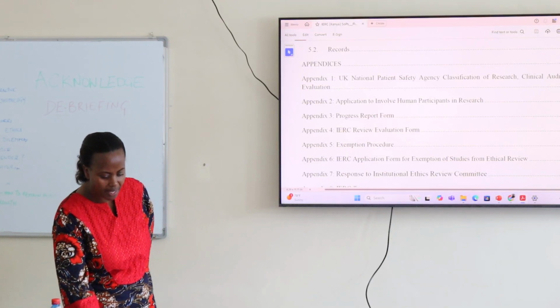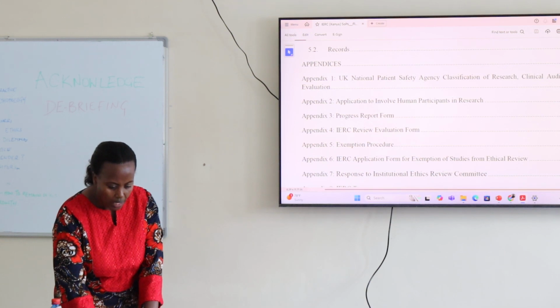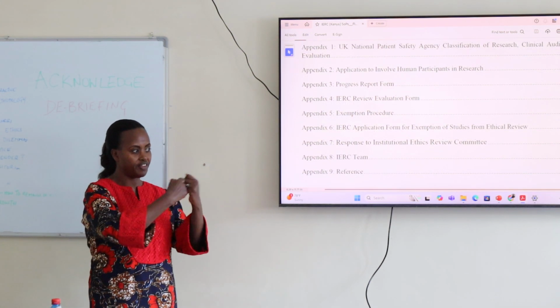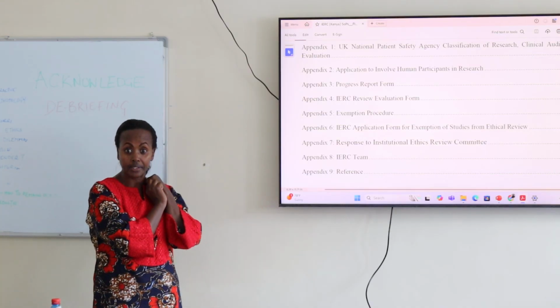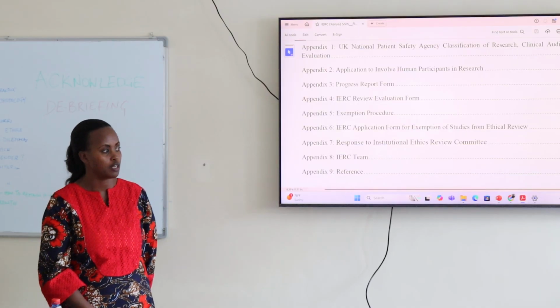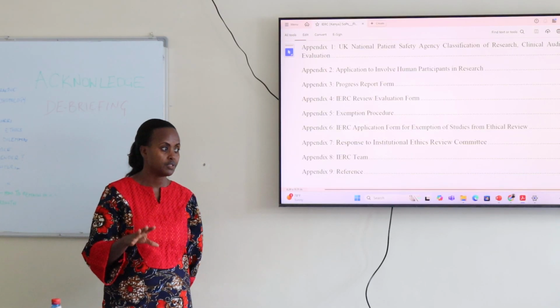How do they apply for that? They have that. They have how you respond, like Appendix 7. Once we've sent you the feedback as a committee, how do you respond to us? So there is an appendix for that. Then they had an appendix where they put the current committee members and things like that.